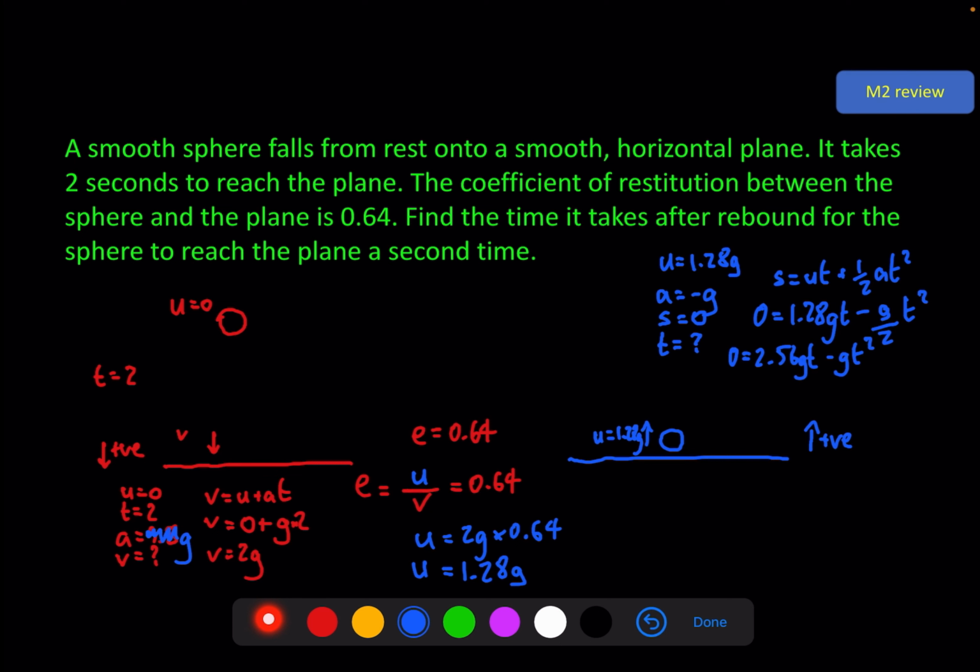Then we can factorize out the g and the t. gt is 2.56 minus t, and the gt outside the brackets gives us the result t is equal to 0, which is where it is now, and the result within the bracket gives us t is equal to 2.56 seconds, which is the time it takes to come back to the plane and hit for a second time. This here then is our final answer to the question.